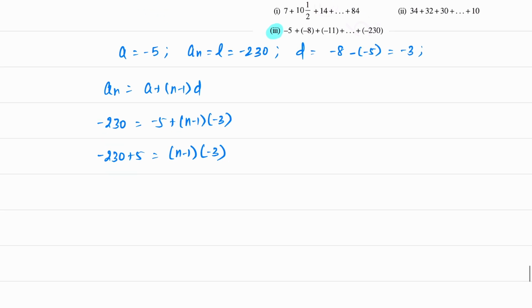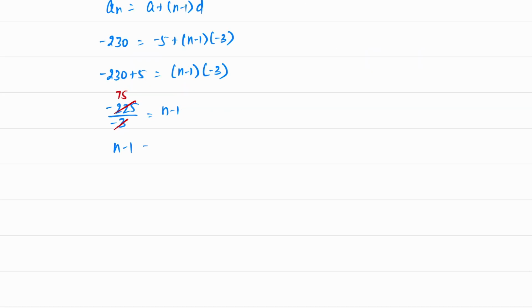So negative 225 over negative 3 equals n minus 1. Now we can cancel this: 75 times. So n minus 1 equals 75, or n equals 75 plus 1, n equals 76.